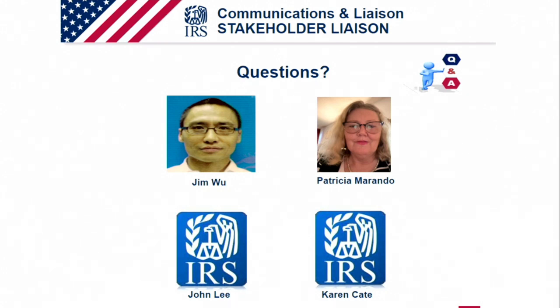So, for example, today we've talked about interest expense, and as I was further explaining the fourth polling question, I explained that the allocation and apportionment of interest expense is not solely dependent on the partnership's assets. It also looks to the partner's assets.